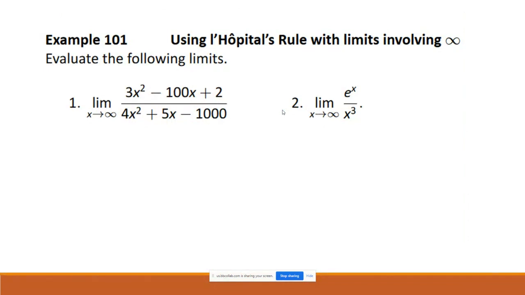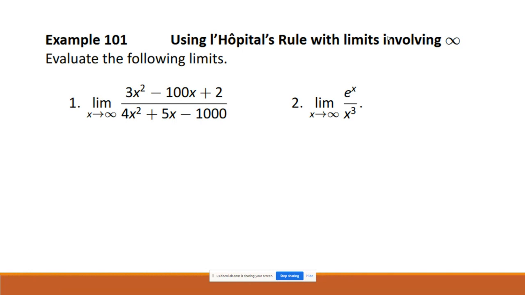We did have a method for the first one, right? Behavior at infinity for a polynomial depends on the highest power. The highest powers give 3 over 4, so we know the limit is 3 over 4. We actually have a much quicker way than L'Hopital, but here we're going to use L'Hopital to confirm that.